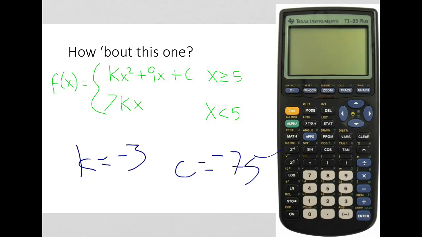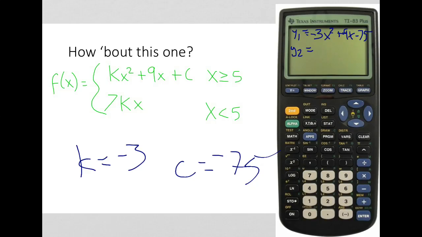You should graph y1 equals kx squared with your k value plugged in. So negative 3x squared plus 9x plus our c value, so not plus, but minus 75. You should graph that as y1.